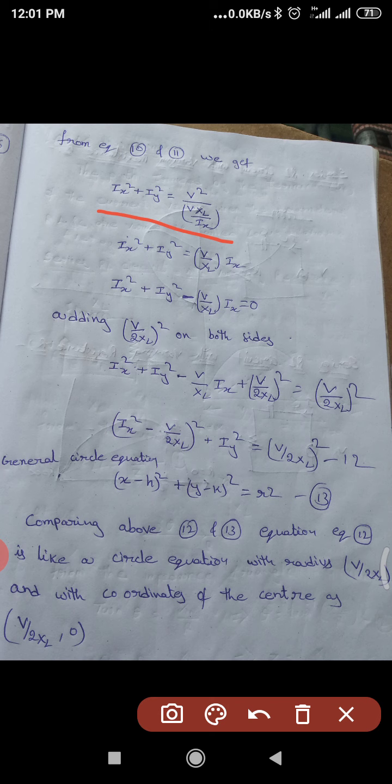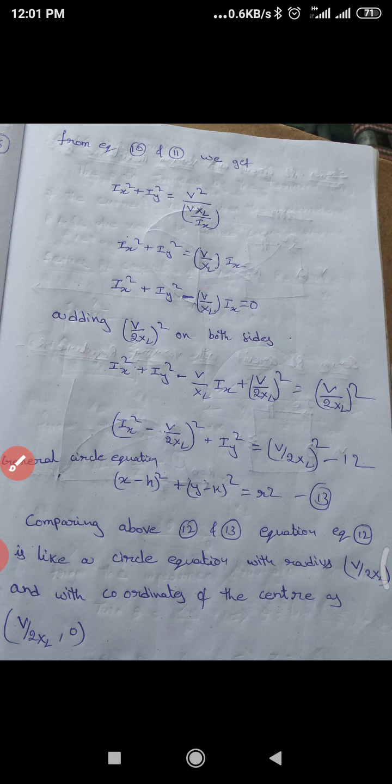Here this square and this V get cancelled. Finally we get V by XL into Ix. After that, taking this term to this side, we get Ix square plus Iy square minus V by XL into Ix is equal to 0.